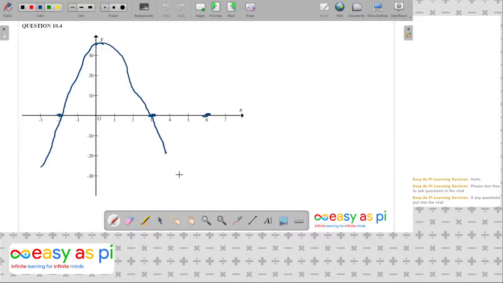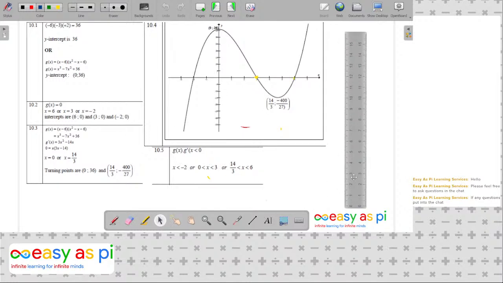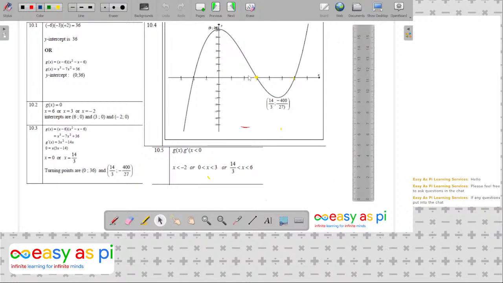So it looks something like this, and it goes up like that. Of course, this is a rough sketch, but we can see this is what it looks like. We've got the shape, the x-intercepts, the y-intercept and the turning points, and that's where your marks would have come from. So that's how we would have done this one.